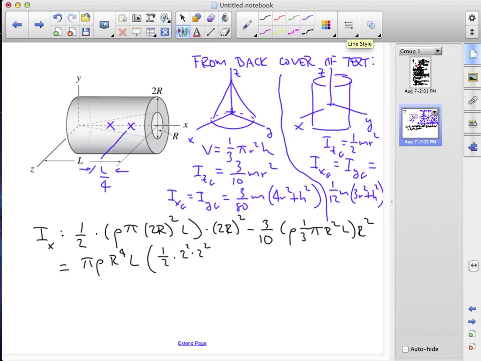And for the cone, we're left with 3/10 times 1/3, or minus 1/10. And so what we get here in parentheses is 8 minus 1/10, which is 80 minus 1 over 10, which is 79 over 10, rho pi r to the fourth L.